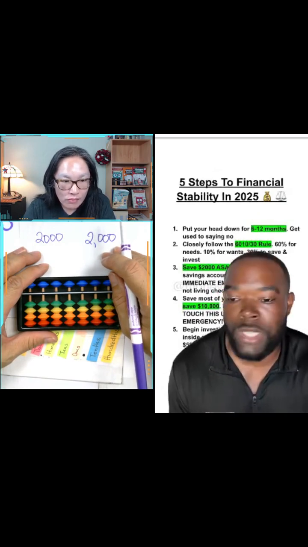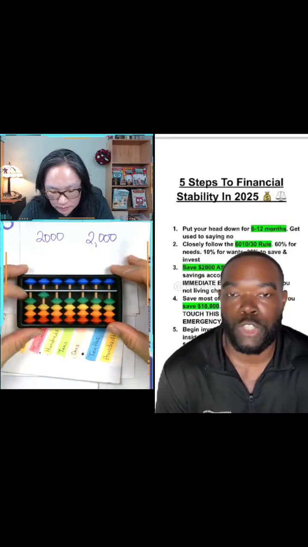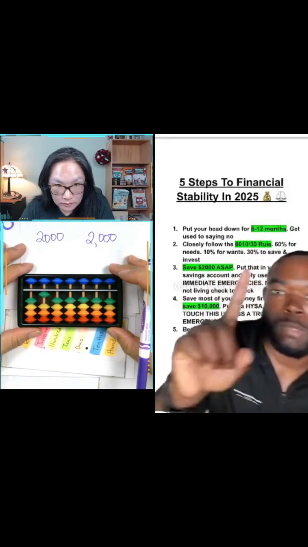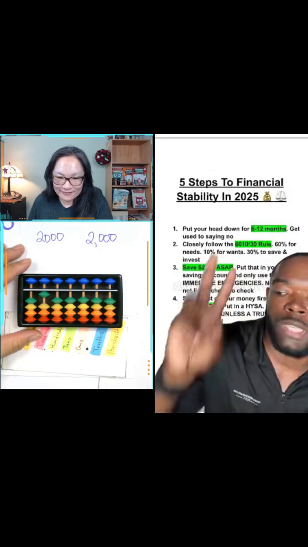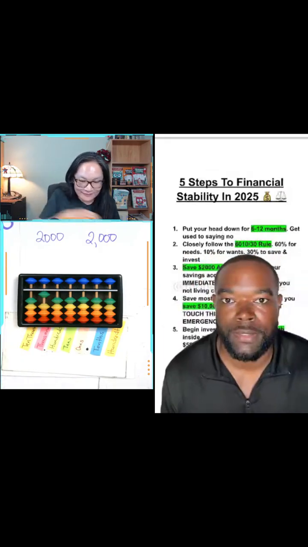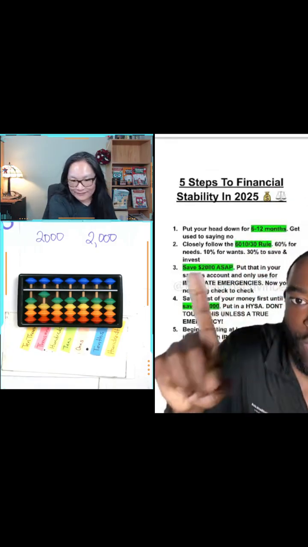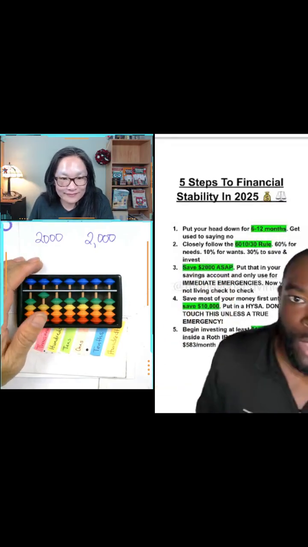Your income number is 1,000. 30% of that is $300 that you put toward this savings goal every week, bi-weekly, or monthly, however you get paid. You're going to automate this 30% to your regular savings account until you hit this $2,000 goal.